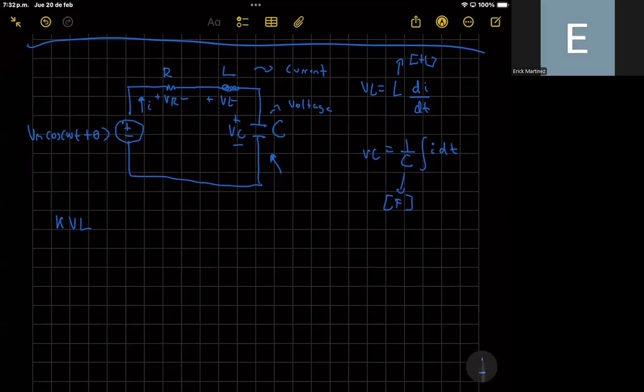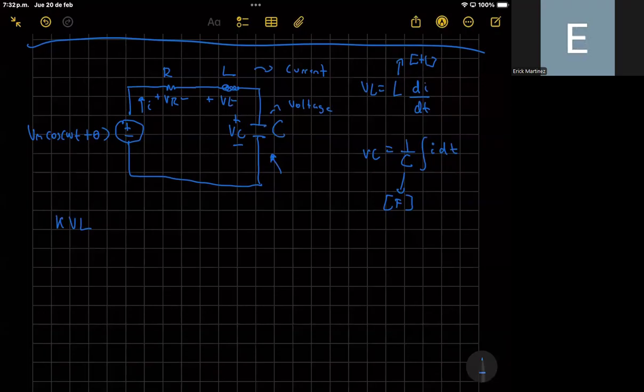The Kirchhoff voltage law states that the addition of each of the voltages in a closed loop should be equal to 0. So here you need to add the voltage of the source, the voltage of the resistor, the voltage of the inductor, and the voltage of the capacitor.